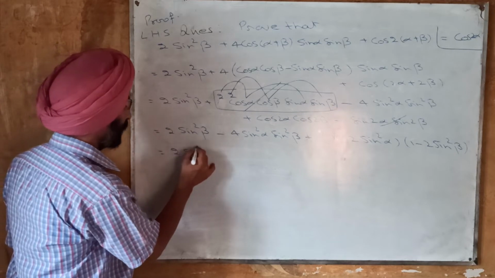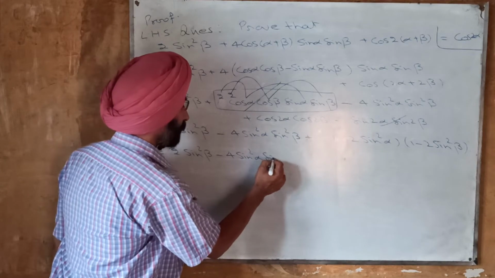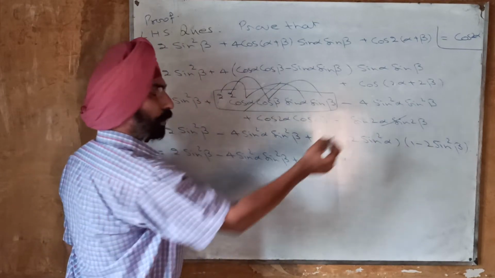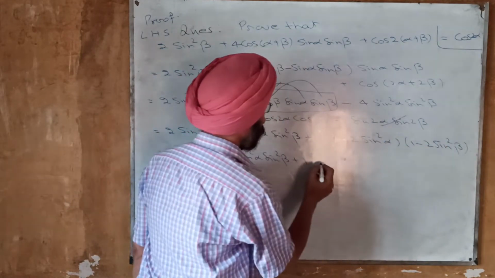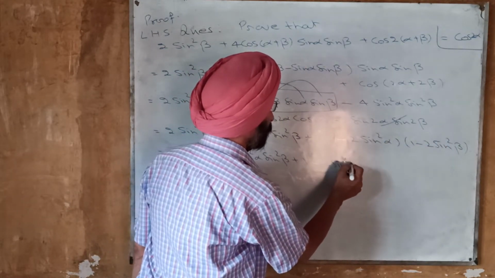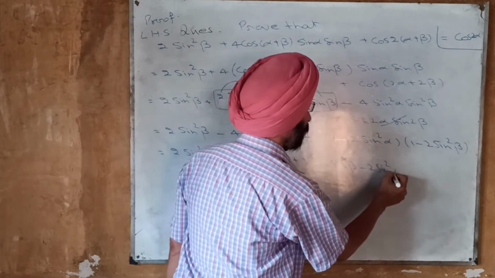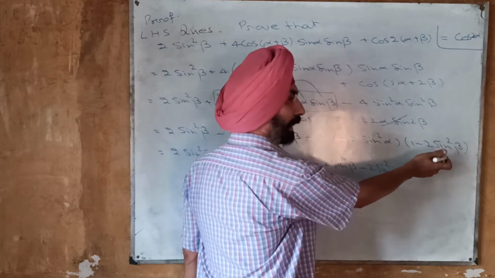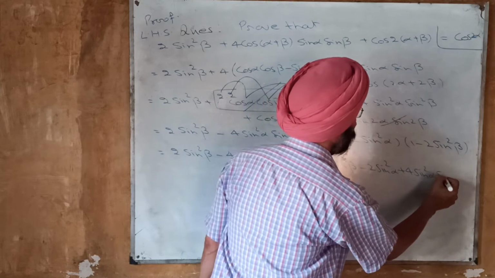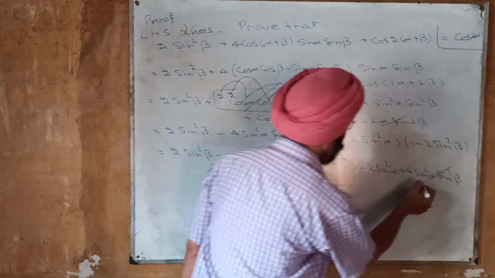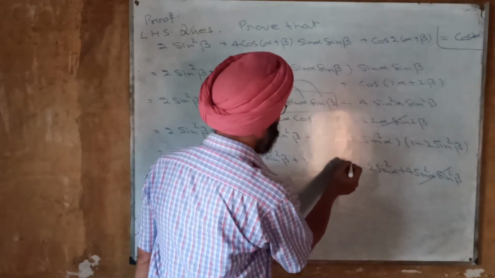So 2 sin square beta minus 4 sin square alpha sin square beta, and now I am going to open the bracket. 1 multiplied by 1 is 1. 1 minus 2 sin square beta is minus 2 sin square beta. Minus 2 sin square alpha into 1 is minus 2 sin square alpha. And minus 2 sin square alpha multiplied by minus 2 sin square beta is 4 sin square alpha sin square beta. And once again this term will be cancelled and 2 sin square beta will also be cancelled.